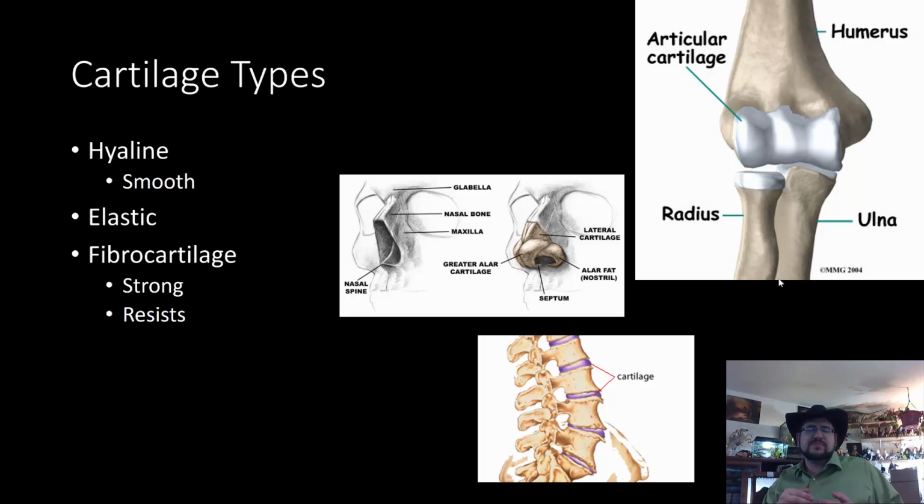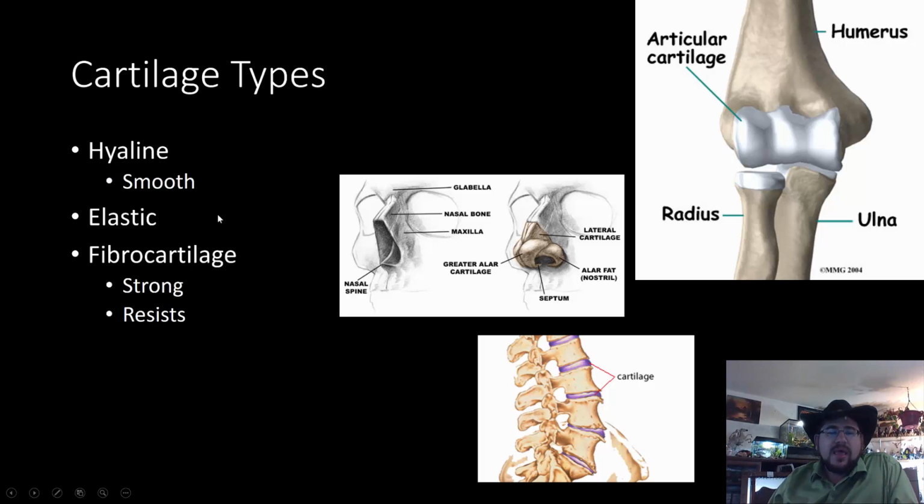So in the intervertebral discs, it resists the pressure. The vertebrae are pushing against each other, and it resists the pressure from gravity on the vertebrae. And then in the pubic symphysis, it resists the spreading tension of the pubis.